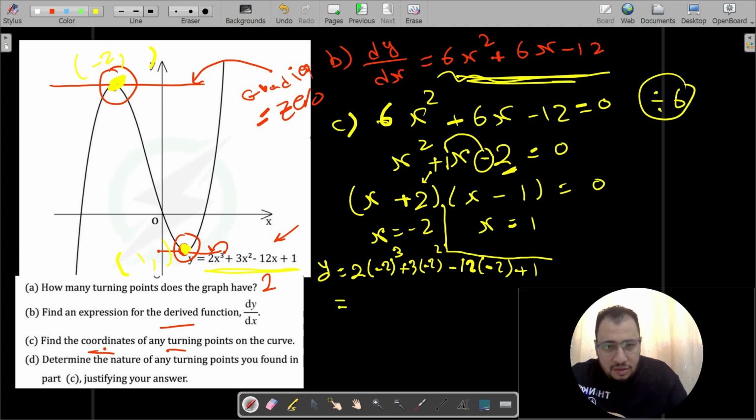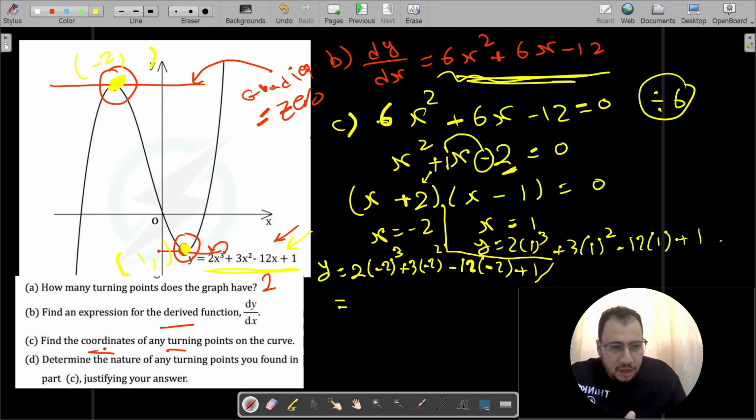After that, you will substitute x with 1 in the same equation. So y equals 2 times 1 power of 3 plus 3 times 1 power of 2 minus 12 multiplied by 1 plus 1. Here 2 plus 3 is 5, 5 minus 12 is negative 7, plus 1, so this is going to be negative 6.